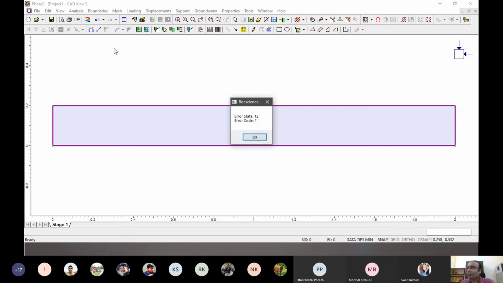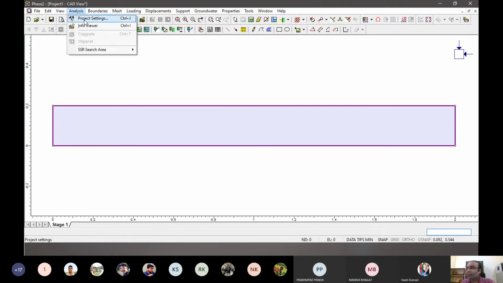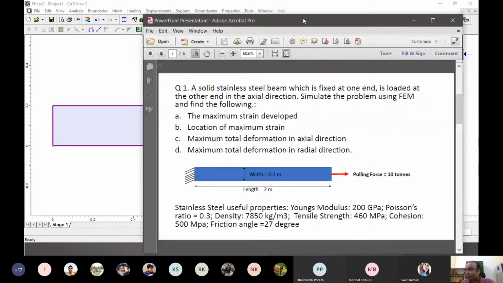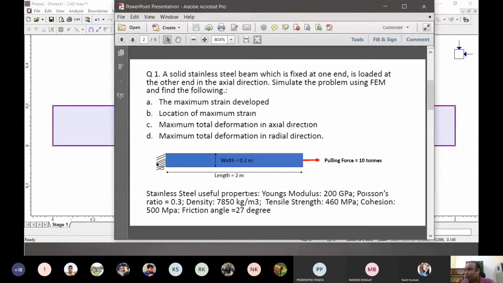We have to just see what kind of analysis we are doing. We have been told there are two major conditions. One is the boundary condition that is given here, and the pulling force that is given here. These are the two boundary conditions. There are no other conditions on the wall, and the stainless steel properties are given.